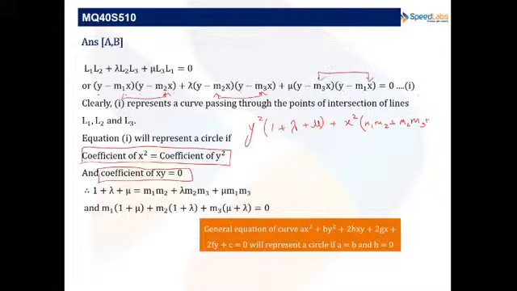Oh sorry, this lambda will also come, so lambda m2m3 plus mu m1m3. This will be the coefficient of y square and this will be the coefficient of x square. So these two should be equal. Equate these two.